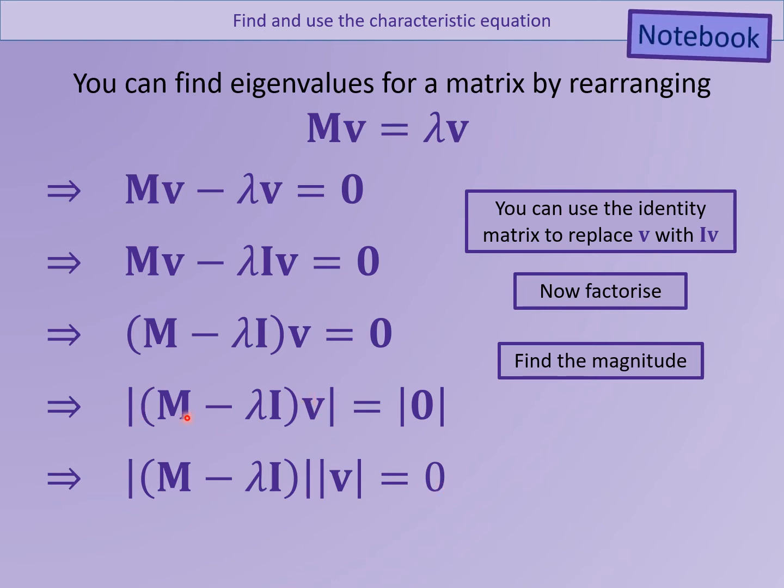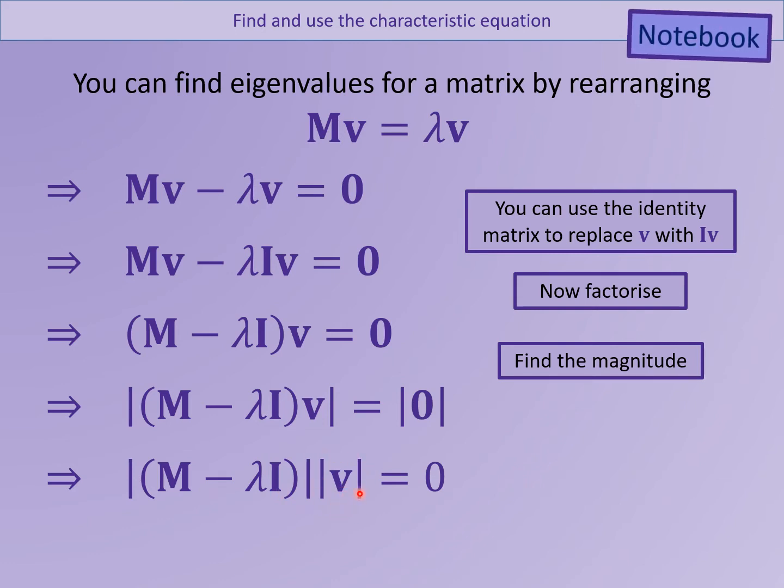We can separate this part out into the determinant of that part and the determinant of v. Now what's important to notice is that you've got two numbers, these are just numbers because they're magnitudes, multiplying together to equal 0. Now we know for a fact then that one of those two parts must be equal to 0.